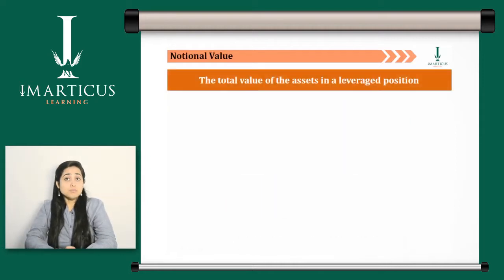Notional value is a term used in derivatives, options and currency exchanges. It refers to the total value of the assets in a leveraged position. For a futures contract, it is the contract size multiplied by the current spot price per unit. The contract size is the number of units a typical futures market contract controls.